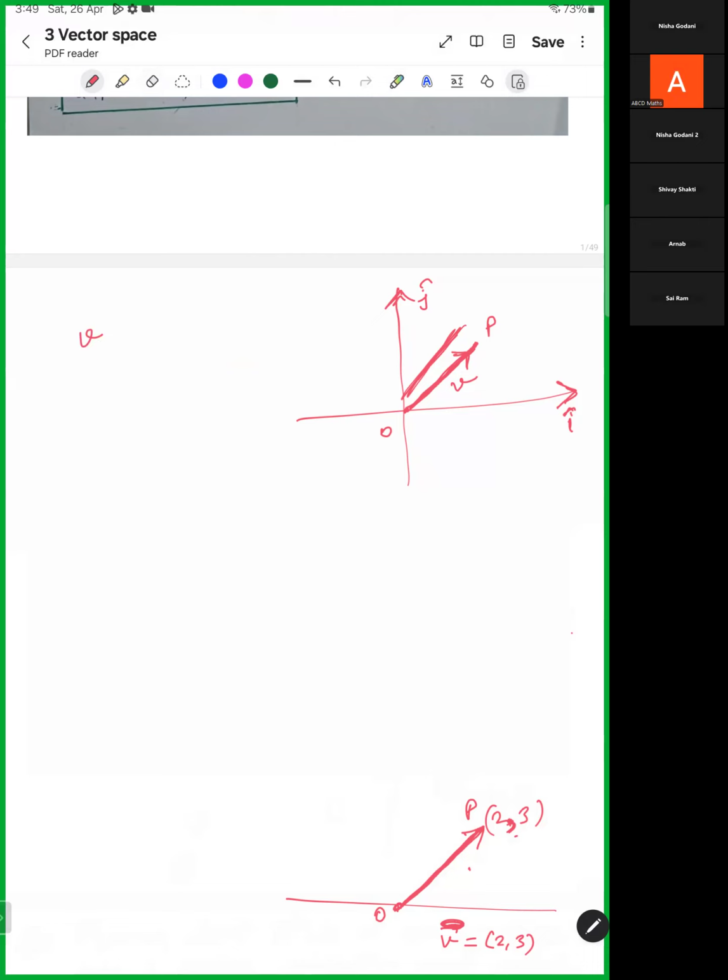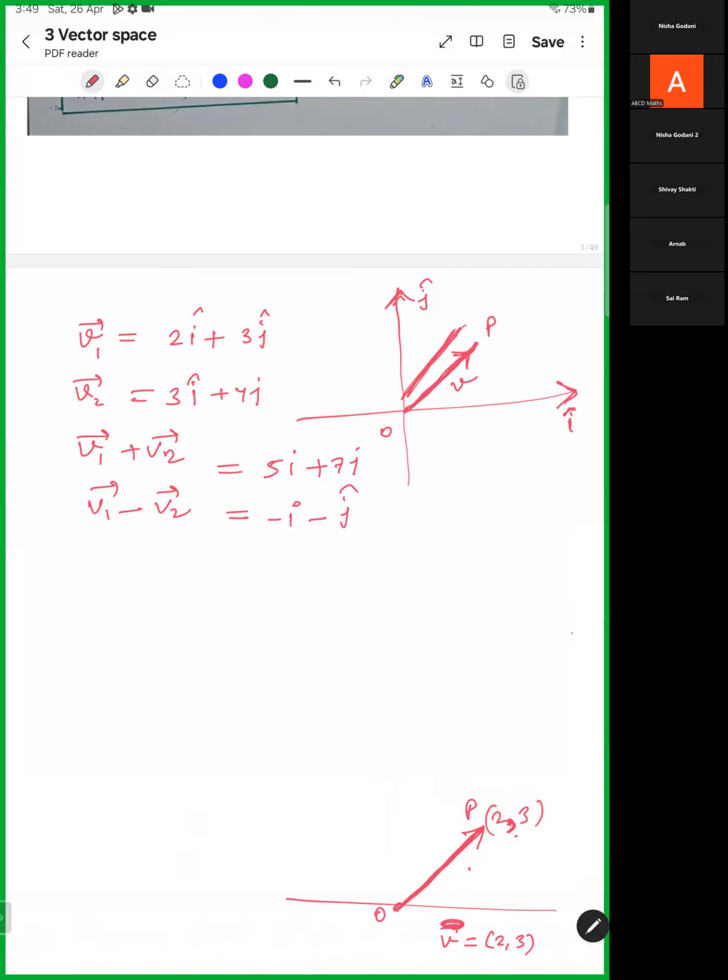If you have a vector v1, 2i plus 3j, and suppose another vector v2, say 3i plus 4j, you can add these vectors, subtract these vectors, or multiply these vectors. How will you add? You add component-wise, you add the multiples of i, so you have 5i plus 7j. If you find v1 minus v2, you have minus i and minus j.